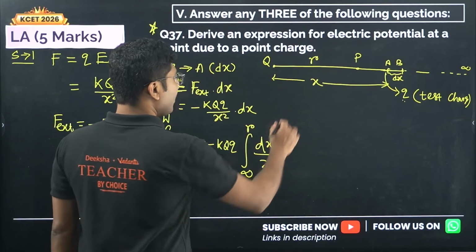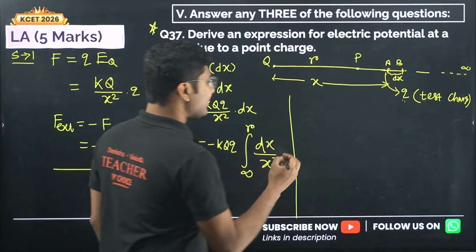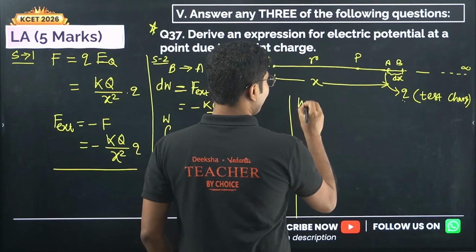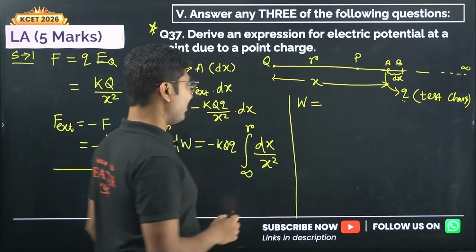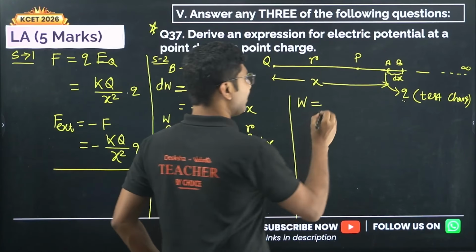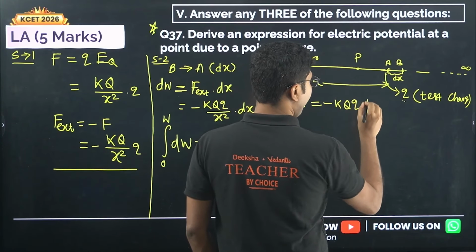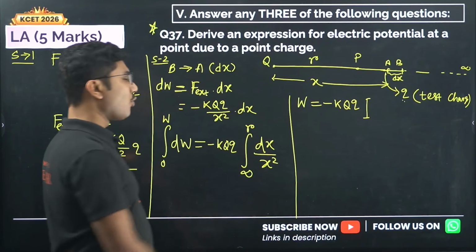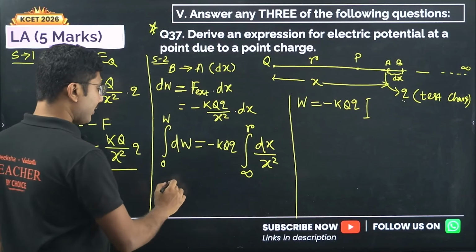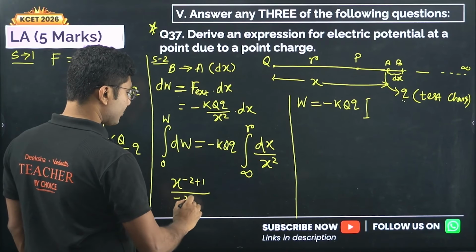So integration of dW, 0 to W, means obviously W minus 0, that is W. So work done is W on our left hand side. What about on our right hand side? Minus KQq, Qq is common. What is the integration of 1 upon x square? So 1 upon x square means x to the power of minus 2 plus 1 divided by minus 2 plus 1.